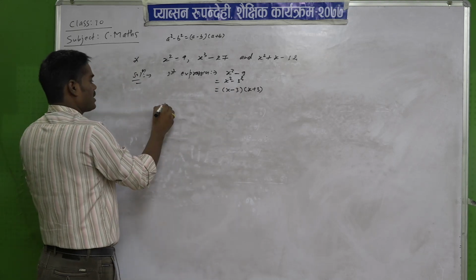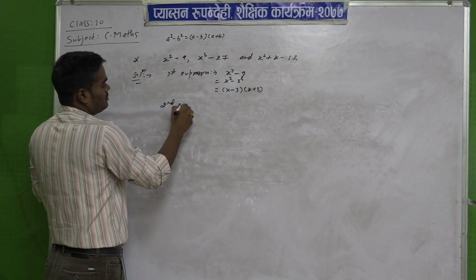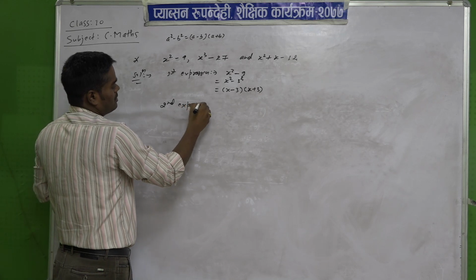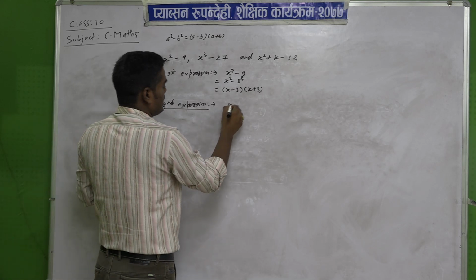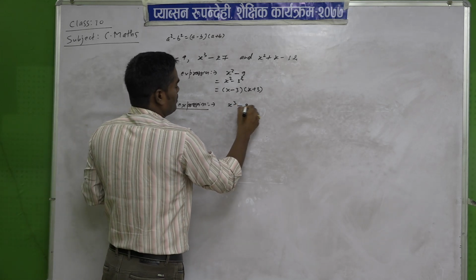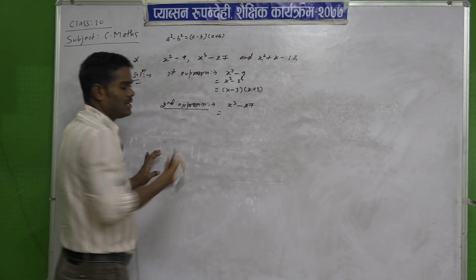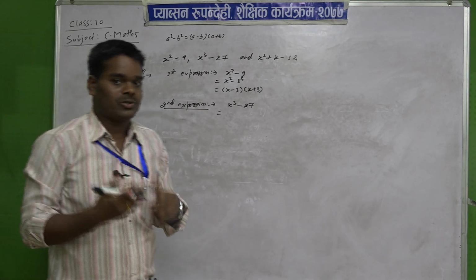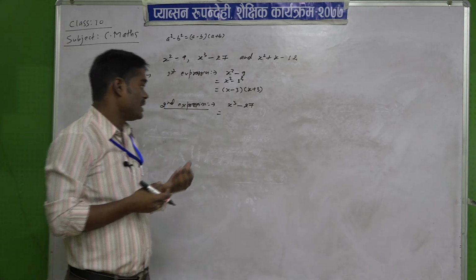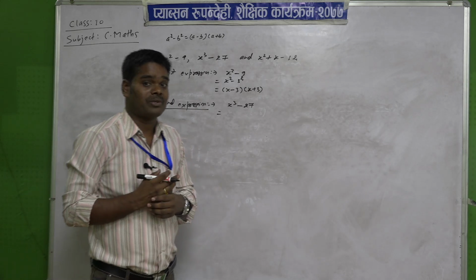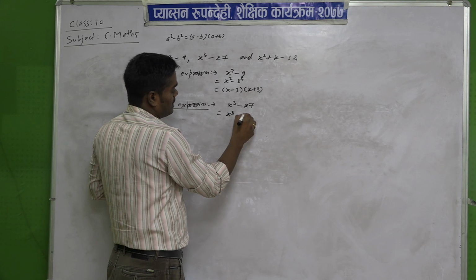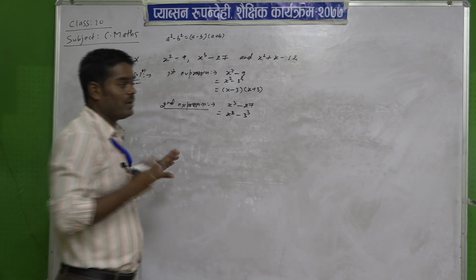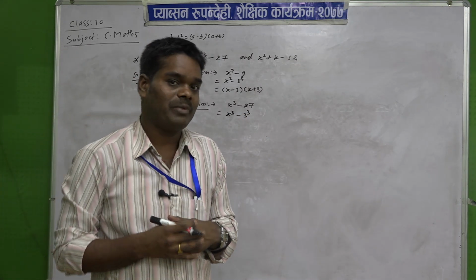So, again take the second expression. What is the second expression? As given, x cube minus 27. Here also nothing is common. So, we can very easily write 27 in the form of a cube, like 3 cube. So, here x cube minus 3 cube. Now, what is the formula of a cube minus b cube?